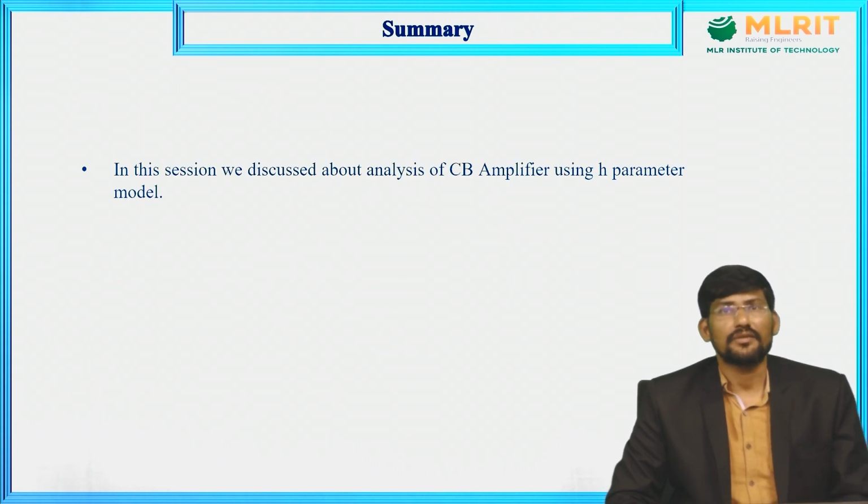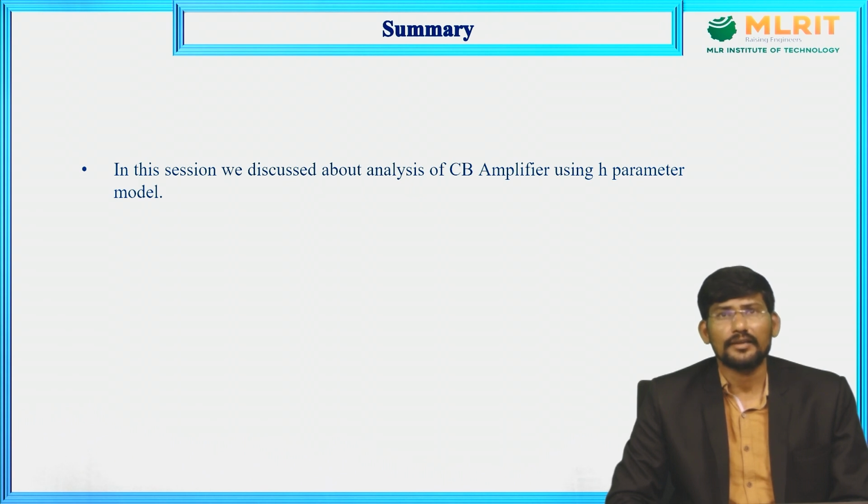So in this session, we discussed the common base amplifier using the H parameter model. Up to now, we completed CE, CB and CC amplifiers using the exact hybrid model. Now in the next session we will discuss the simplified hybrid model of CE, CB and CC amplifiers.